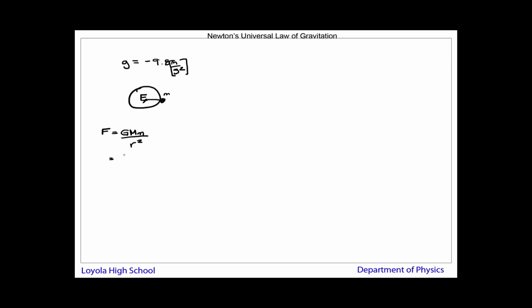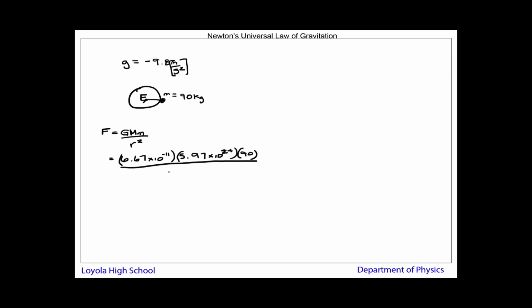For the Earth, G is 6.67 times 10 to the minus 11th, times the mass of the Earth, which is 5.97 times 10 to the 24th, times the mass of the object. I'm going to use a mass of 90 kilograms here, over the distance squared.